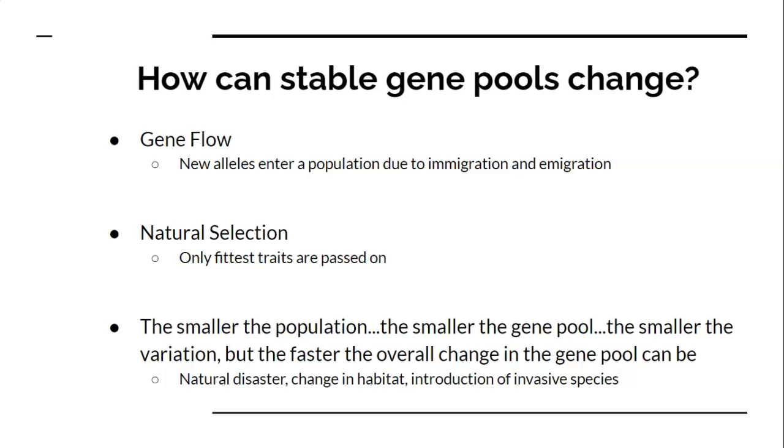Because a natural disaster can wipe you out, a change in habitat can wipe you out, introduction of an invasive species can wipe you out, right? Because there's smaller variation, these things can force you to adapt and change faster because you have to, because there's just not another option.